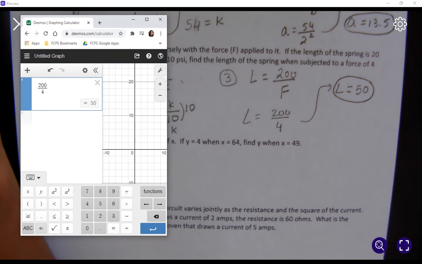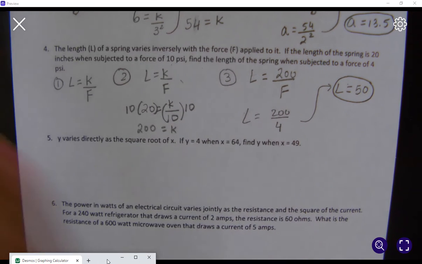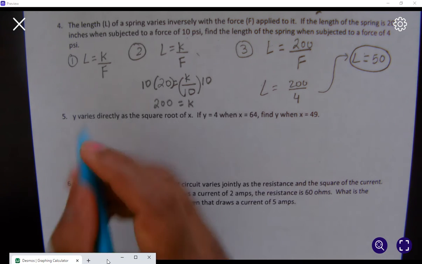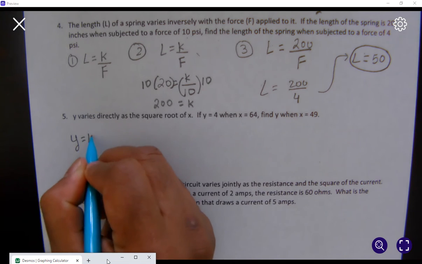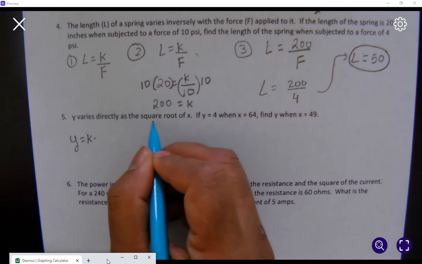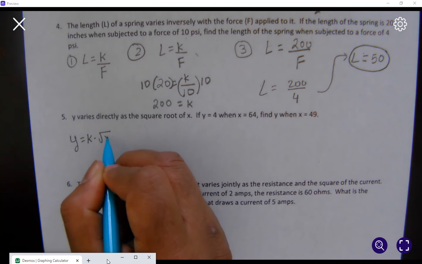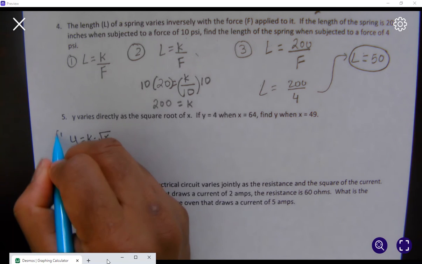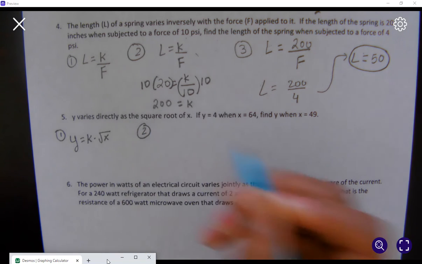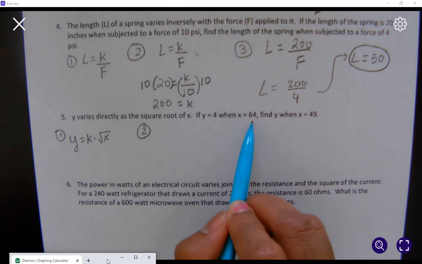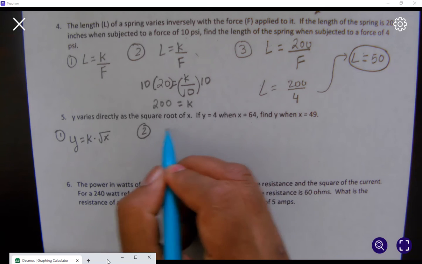All right, number 5. A varies directly as the square root of x. That's my first step. Second step, if y is equal to 4 and x is equal to 64, so let me plug those in.